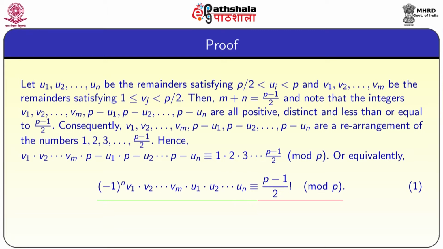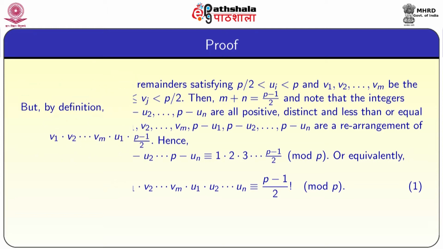It is because p-u1 is nothing but -u1 modulo p, and p-un is nothing but -un modulo p, and so on. So, we get (-1)^n times this quantity, but 1·2·3 up to (p-1)/2 is nothing but ((p-1)/2)!. So, we have this equation 1.